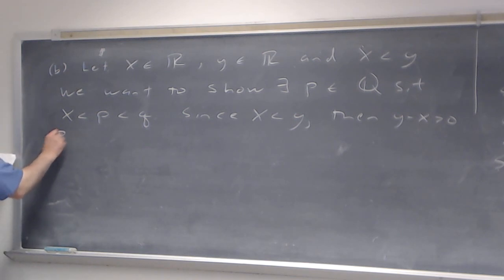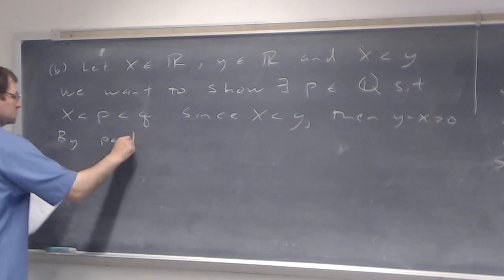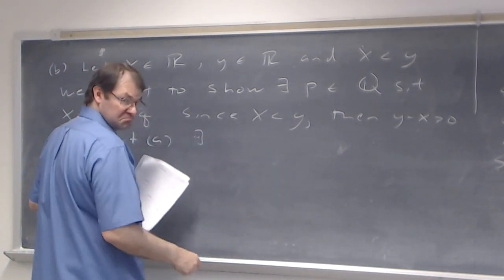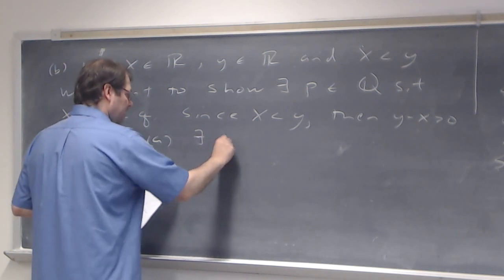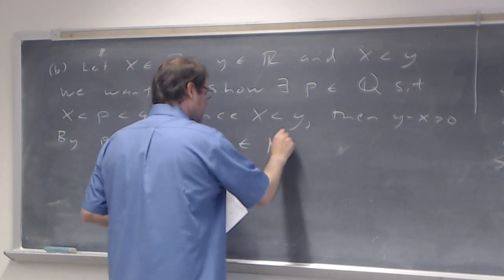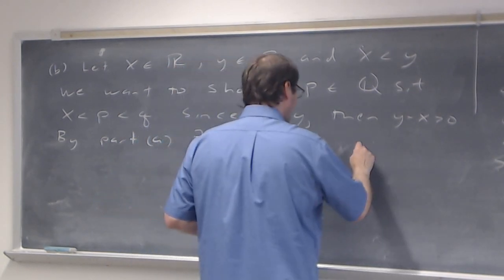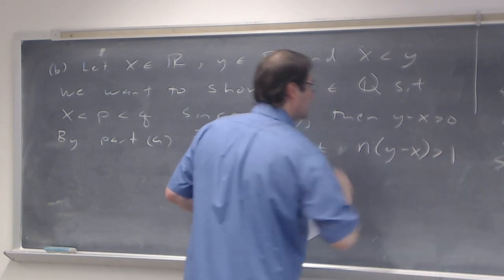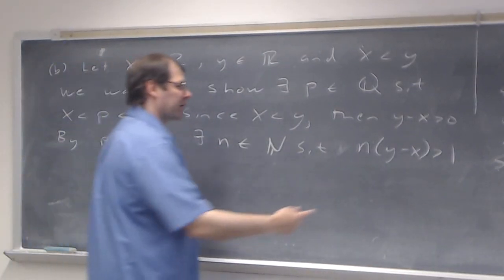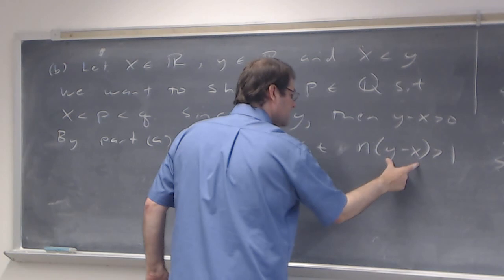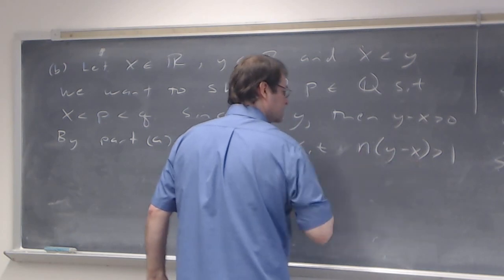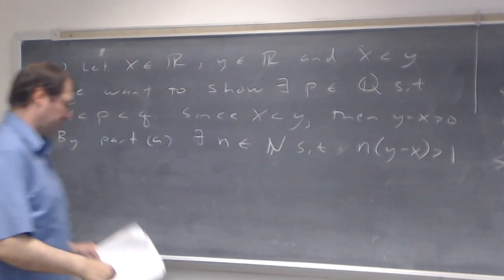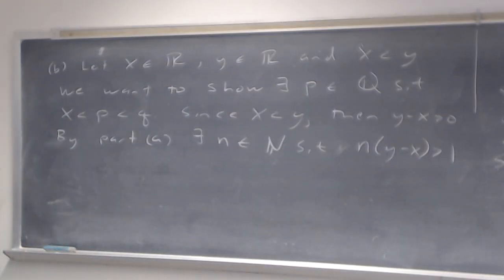And by part A of this theorem, there exists an n element of the natural numbers such that n times y minus x will be greater than 1. So from part A, 1 is like my y, this is my x, which is a positive number, this is a natural number that I can multiply this positive number by to give me bigger than this real number. Okay.